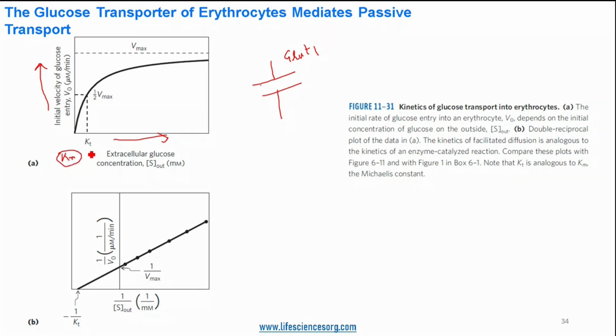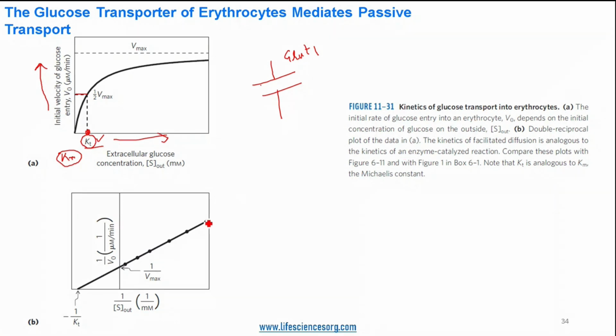In this case, because it is transport that is happening, we name it KT, the transport constant. This is not the Michaelis constant, but the transport constant, and it is the concentration of glucose at which the velocity of transportation of the molecules is half of its maximum value.